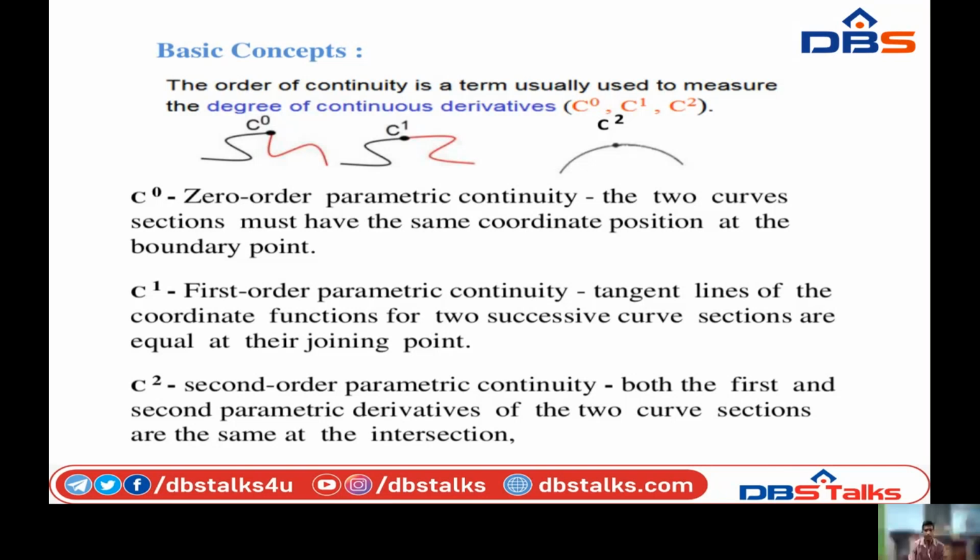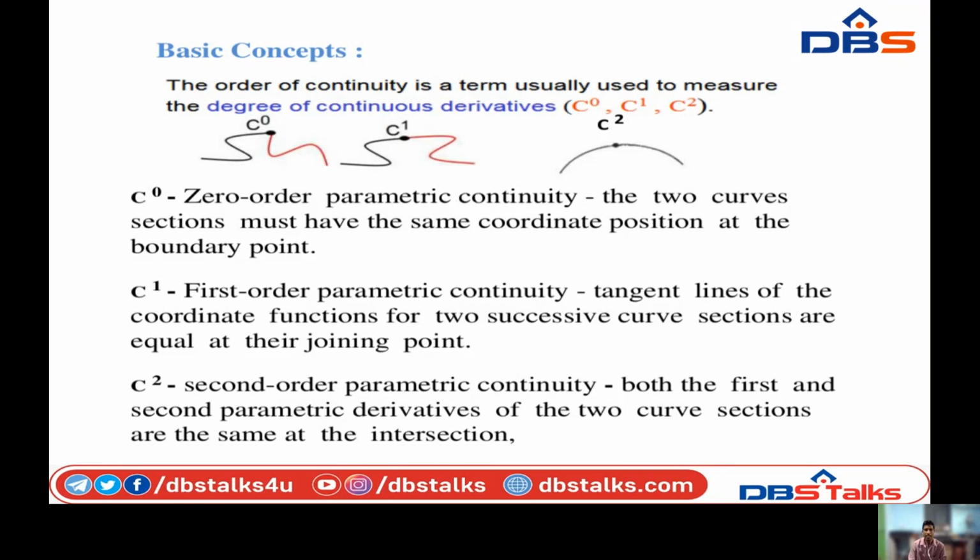When it comes to first order parametric continuity, what is the difference between zero order and first order parametric continuity? In zero order, we are following two curves, whose sections may be similar or dissimilar. But in first order parametric continuity, the tangent lines of the coordinate functions for two successive curves are equal.